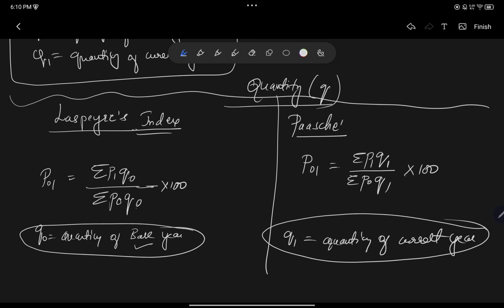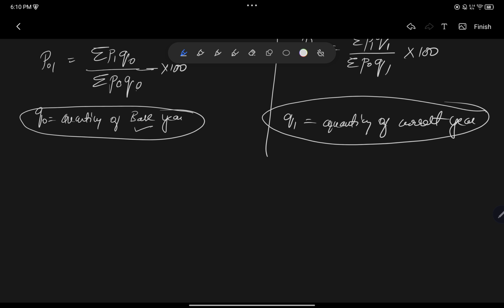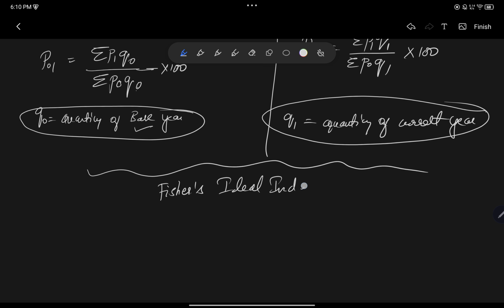So now Laspeyres was having one index number formula, Paasche was also having one index formula. But there came one other person, that is Fisher. Fisher's ideal index number, we call it. Why do we call it Fisher's ideal index?